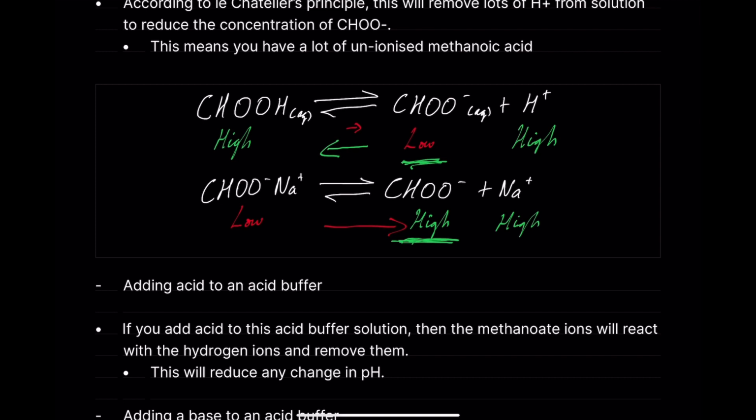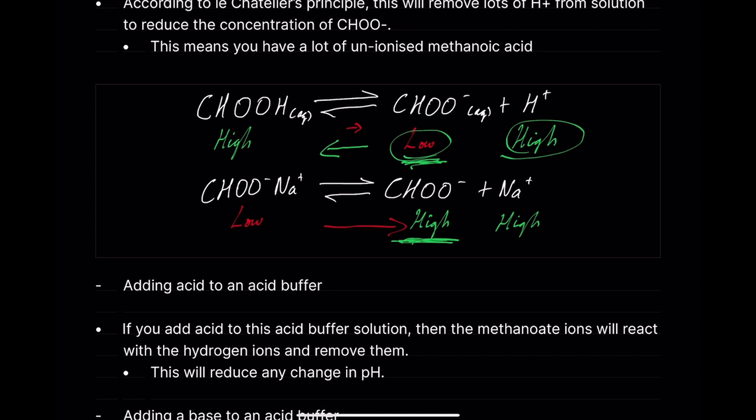So it produces more methanoic acid, but when you do that, you've now decreased the concentration of H plus, because we've used the methanoate ions to react with any H plus. Remember, in our solution we have quite a high concentration of methanoate ions, and also quite a high concentration of H plus.